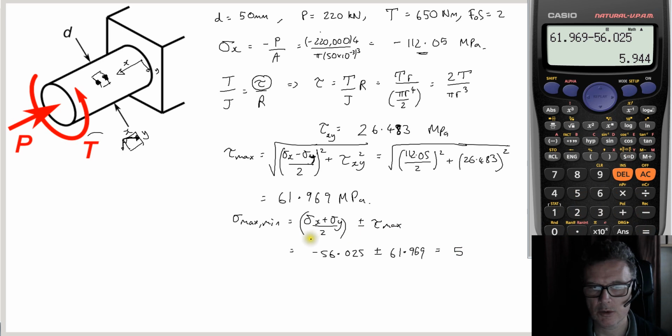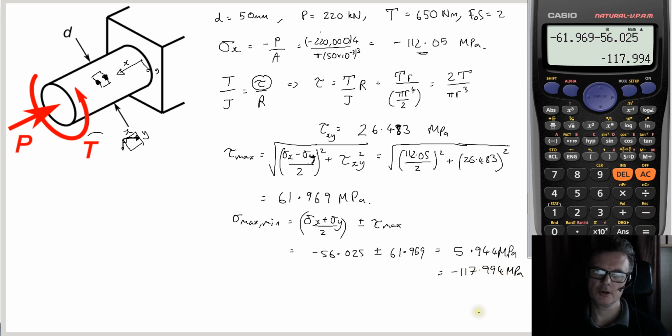So the maximum positive stress will be 5.944 megapascals. And the other one will be, actually, have I got that right? Yeah, minus that plus, yeah. And that will be a negative. So minus 117.994 megapascals.